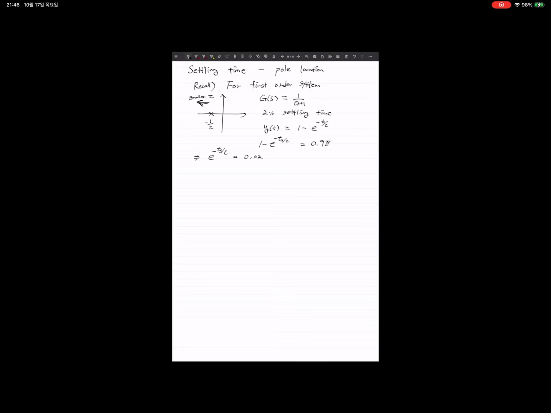If I take the log, then minus settling time over tau is log 0.02.